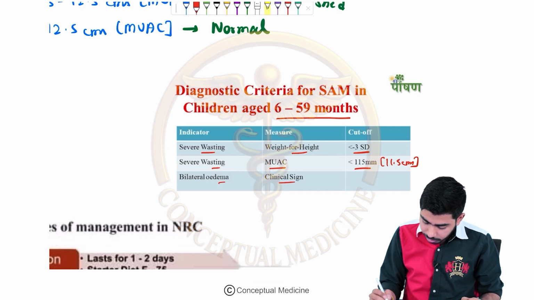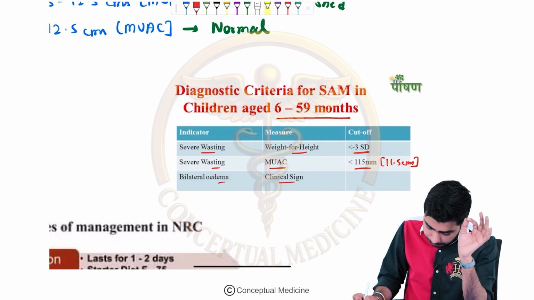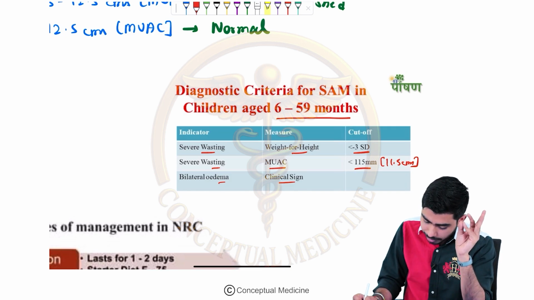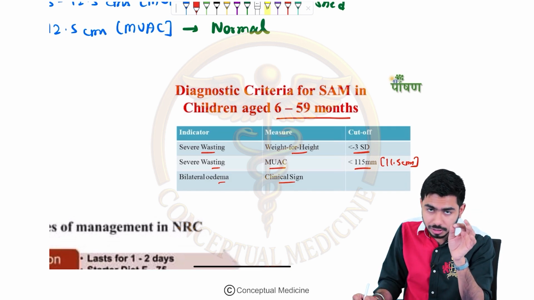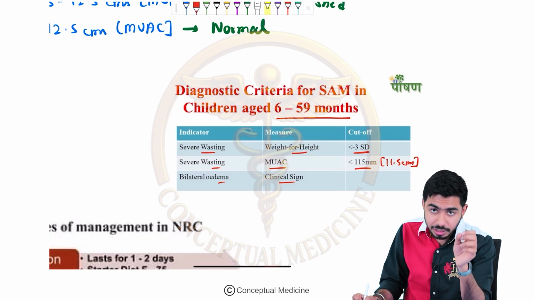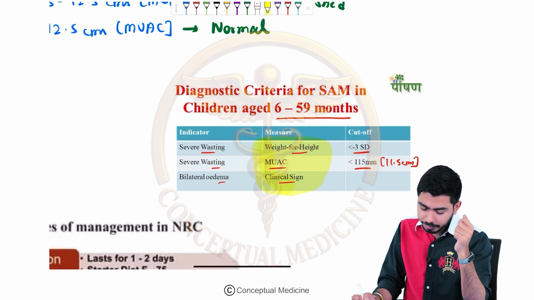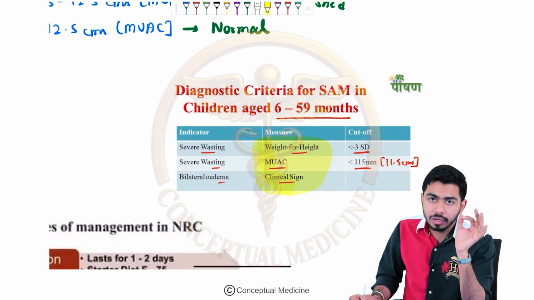Bilateral edema will be the clinical sign. So these are the 3 important features of severe acute malnutrition: weight for height less than -3 standard deviation, mid upper arm circumference less than 115, and the clinical sign.